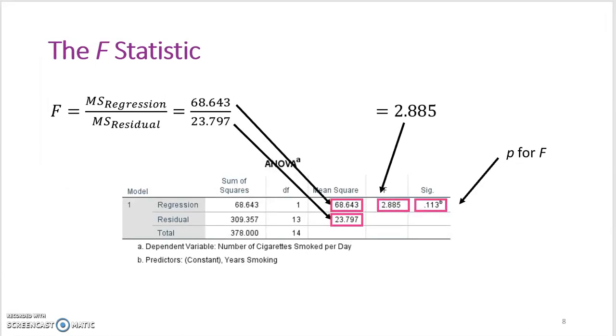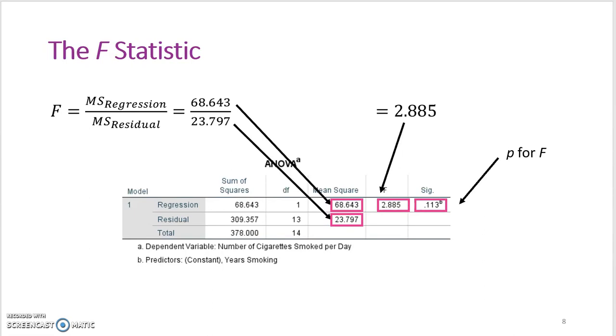Now, let's take a look at how the F statistic is calculated. And we have this information in the ANOVA table from the SPSS output as well. You'll recall that the mean square error from the textbook and from previous lectures is the sum of squares divided by the degrees of freedom. So in this table, we get the mean square for the regression model from the regression row and the mean square column.